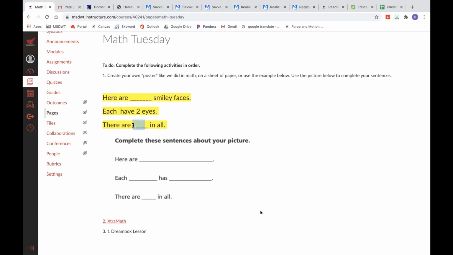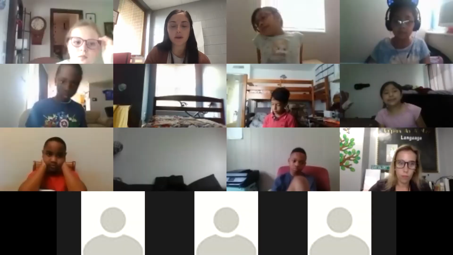And then you have to fill in these other blanks. So you're going to take your sheet of paper, draw your smiley faces, however many you want to draw, and then write these 3 sentences that are highlighted and fill in the blanks, because I don't know what number you're picking for smiley faces. That is what you're doing for independent work.